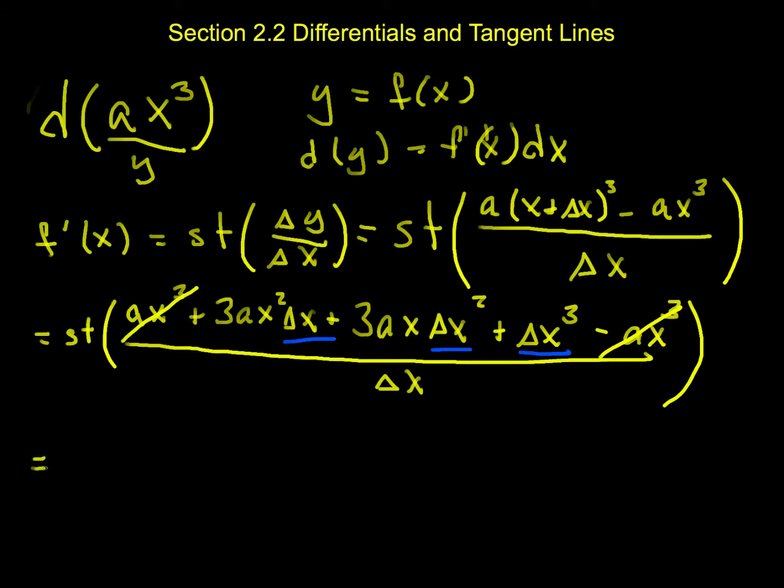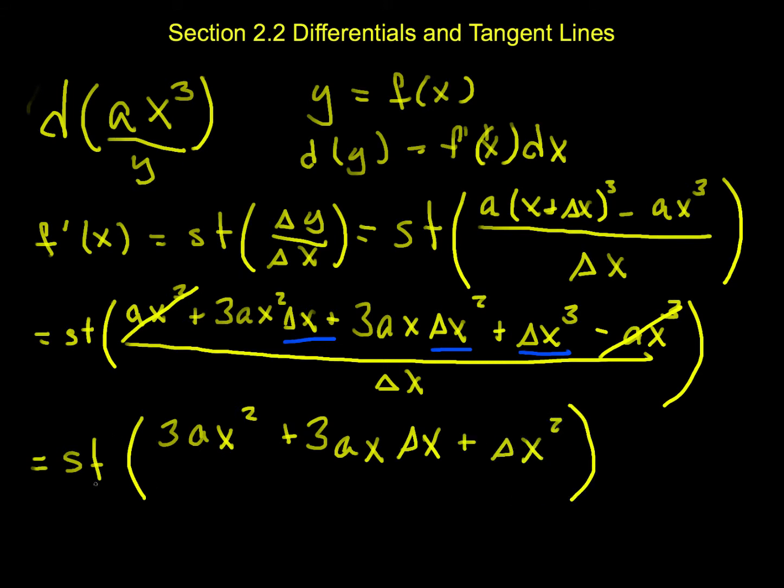And so this will be the standard part of 3ax squared, because that delta x canceled, plus 3ax. Now I've got a squared, so only one of those canceled, plus delta x squared.